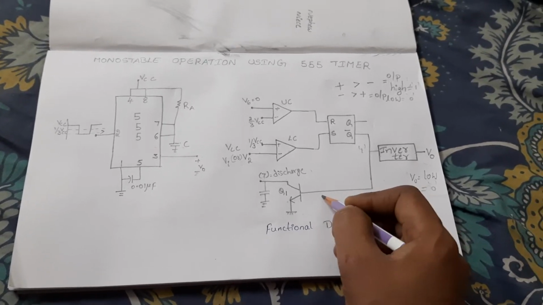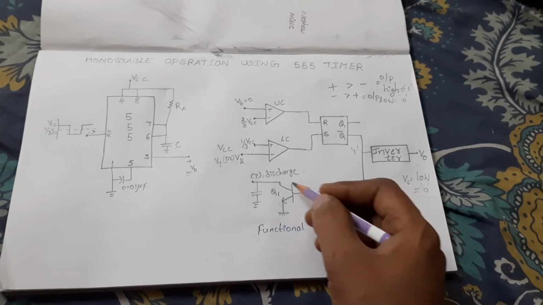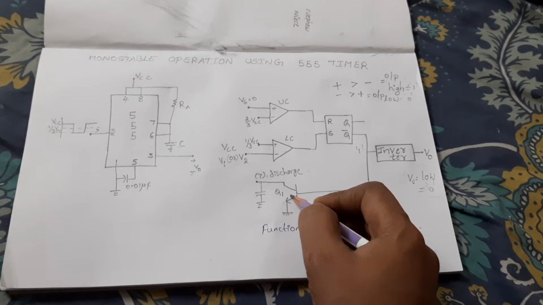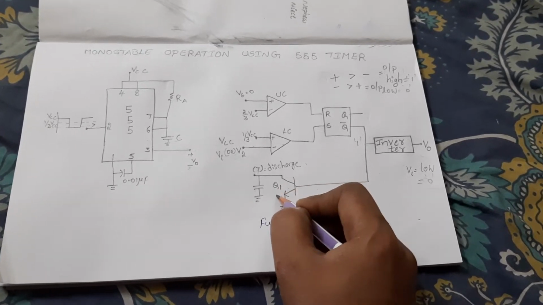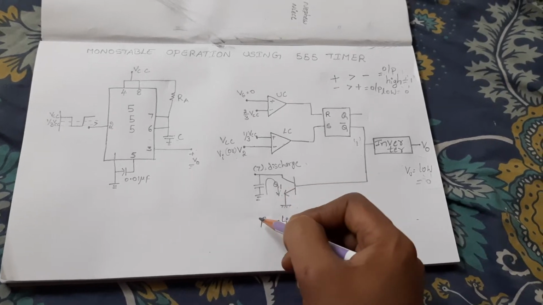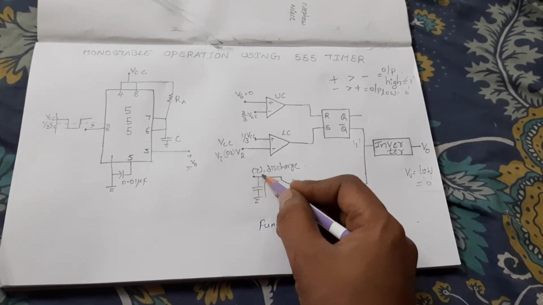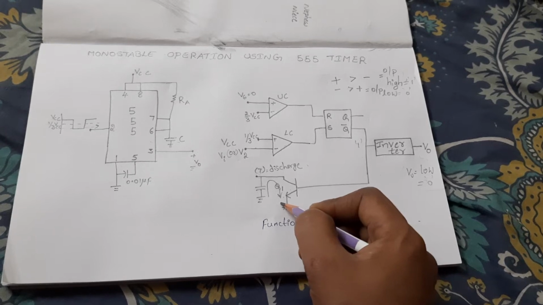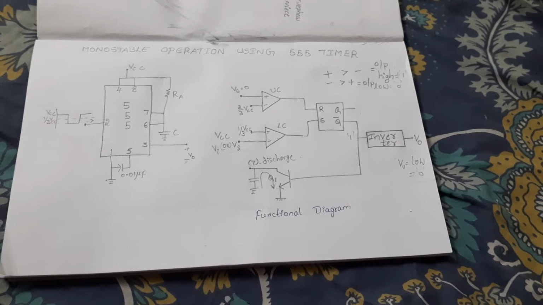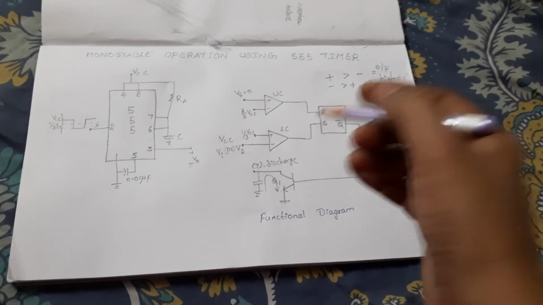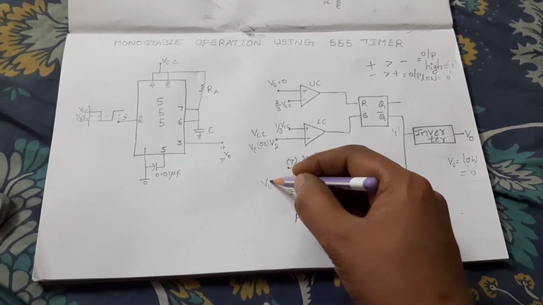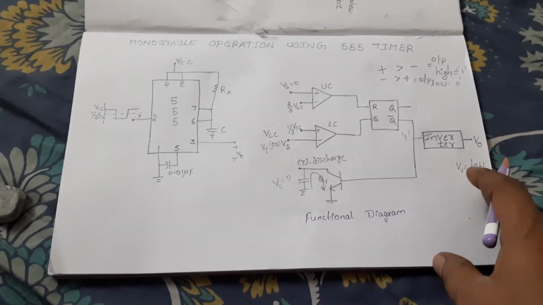1 means high. Whenever the input to the transistor is high, it is switched on. Whenever the transistor is on, there will be a discharge path for this capacitor. The capacitor will be discharged, so the capacitor voltage is 0.